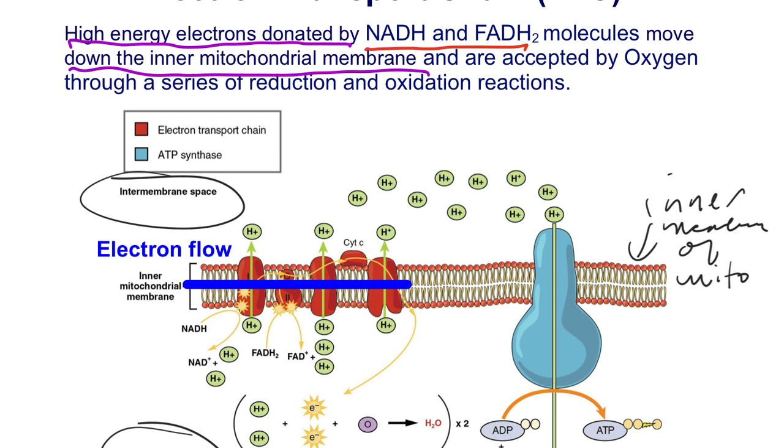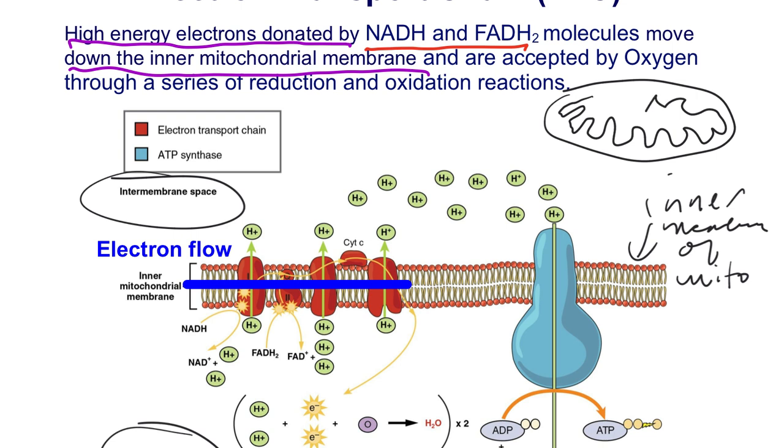Okay, so if we had mitochondria, here's all the squiggly stuff. Here's the inner membrane. Here's the outer membrane. Here's the space between the inner and the outer membrane, and here's the matrix.